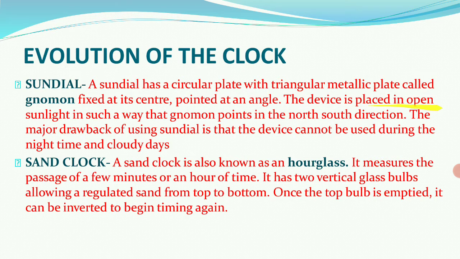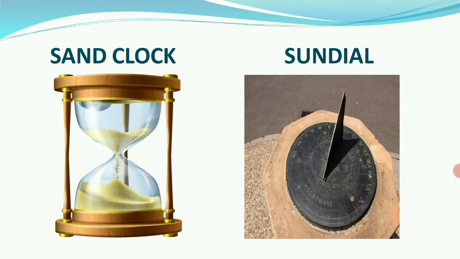The device is placed in the open sunlight in such a way that the gnomon points towards the north and south direction. But the major drawback of using the sundial is that the device cannot be used during the night and on cloudy days.